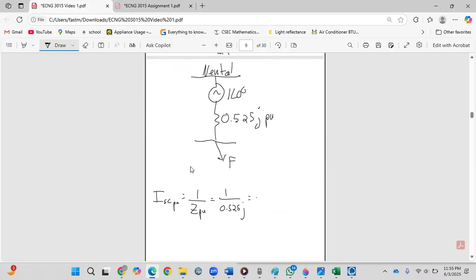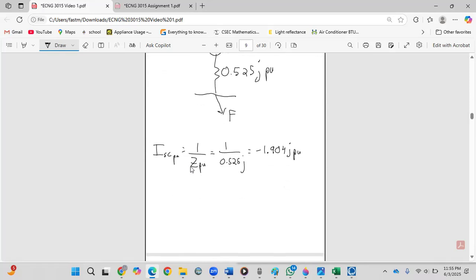It should end up with negative 1 point, let me put it in my calculator, 1 divided by 0.525 J. So negative 1.904 J per unit.